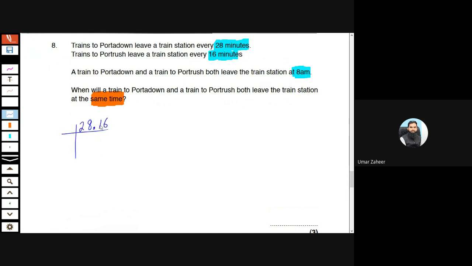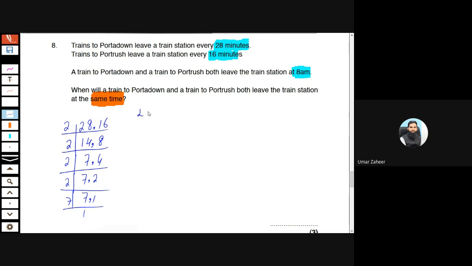28 and 16. So 2 times 1 is 2, 2 times 4 is 8, 2 times 8 is 16. Next, 2 times 7 is 14, 2 times 4 is 8, 2 times 2 is 4, 2 times 1 is 2, and 7 times 1 is 7.